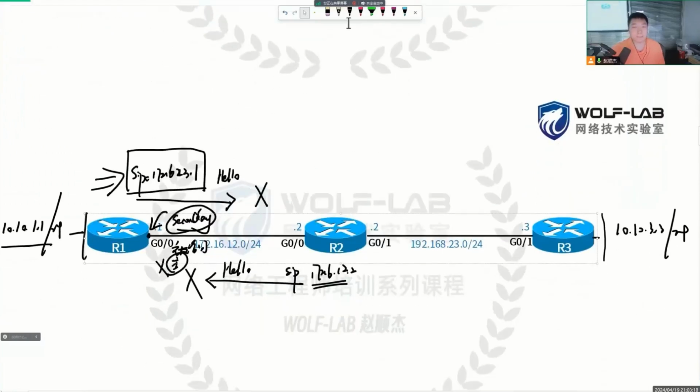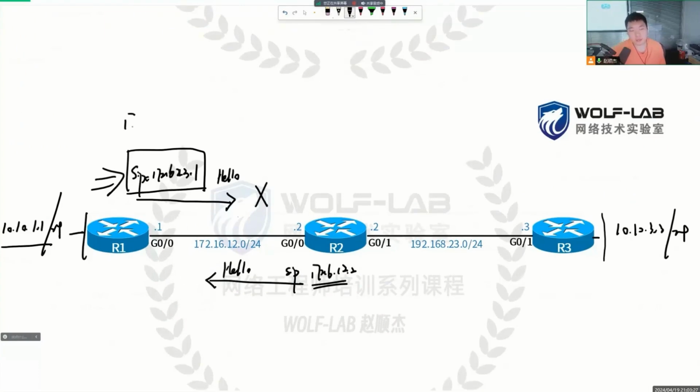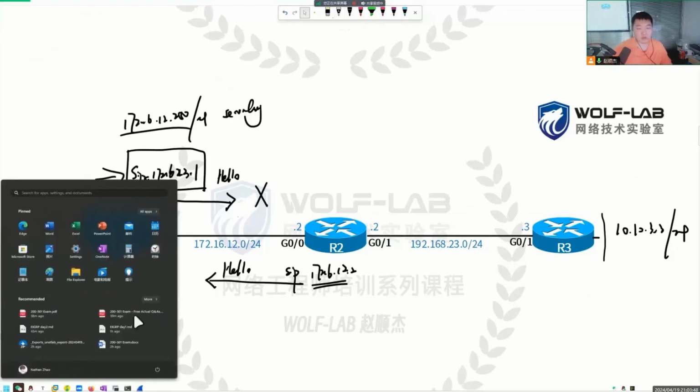Now we have configured an auxiliary address on R1, 172.16.12.250/24, on R1's interface. It can be accessed, but cannot actively send messages to others. So for R1, the EIGRP hello packet is sent with the primary address as the source.